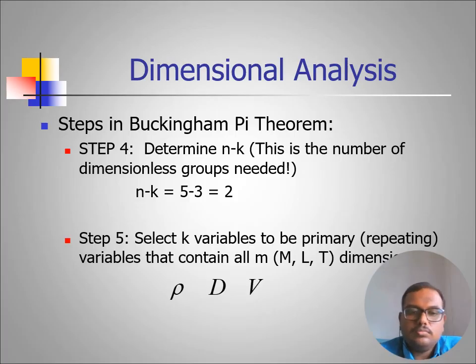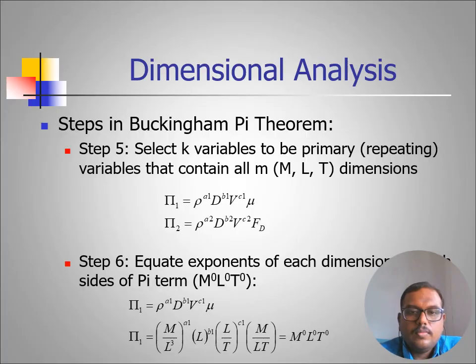Then select k variables to be primary repeating variables that contain all MLT dimensions. Here we have framed 2 dimensionless terms with repeating variables selected such that they contain geometric property, flow property and fluid property.